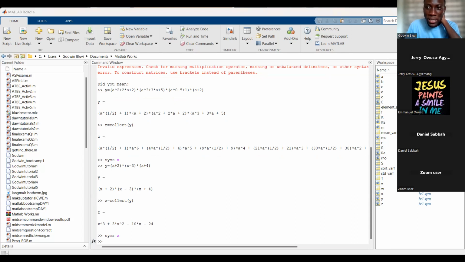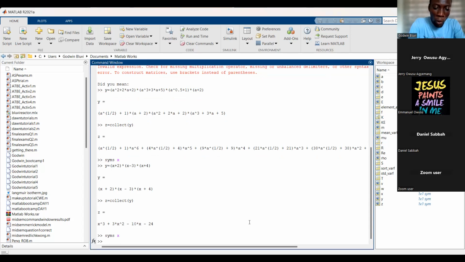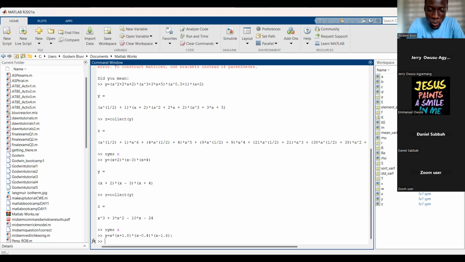We have y equal to x multiplying x plus 1.8, then multiplying x minus 0.4, then multiplying x minus 1.6. We don't need to see this, so we'll suppress it.